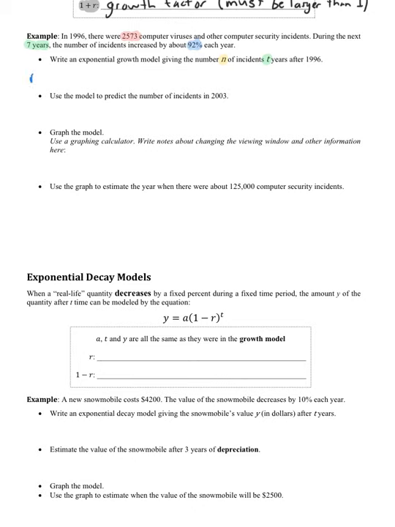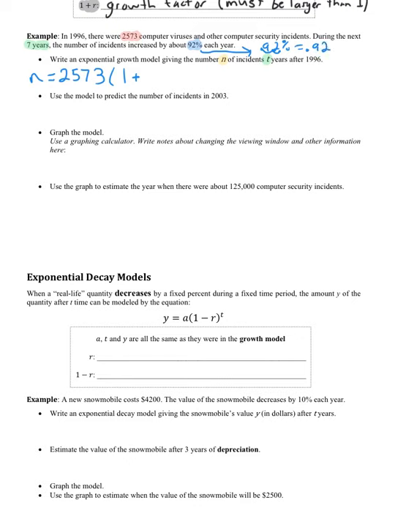It's going to be n equals, the initial amount was 2,573, and our rate, again, it was 92%, so we need to write that as a decimal. Think if you had a point there, you move it over 2 spots, 1, 2, so it becomes 0.92.